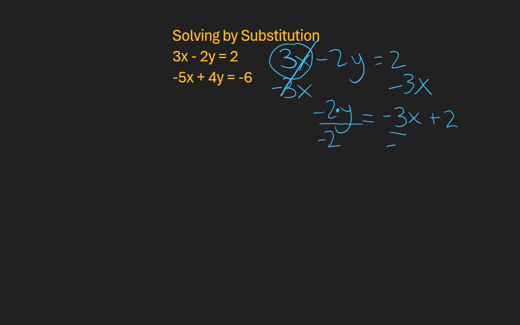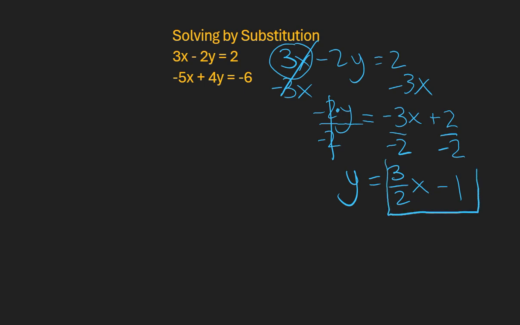So I'm going to actually divide my -2 to both terms here. This cancels, and I'm not happy about this fraction that I'm going to have to plug in, but I'm going to do my best with it. So now I know that y equals 3/2x minus 1.